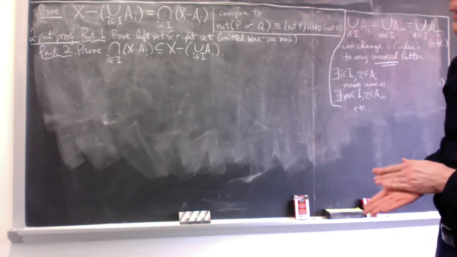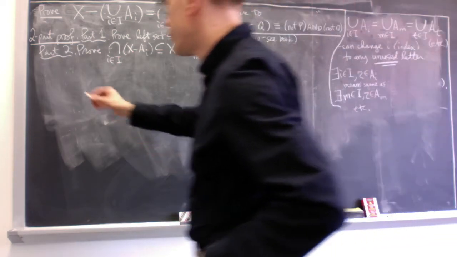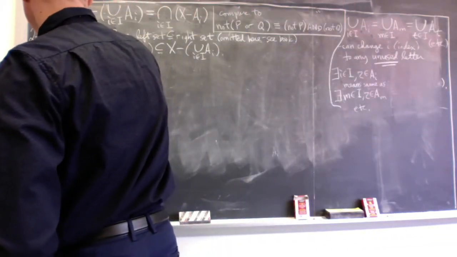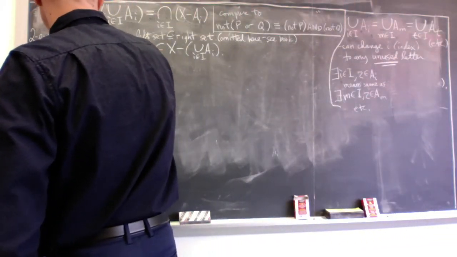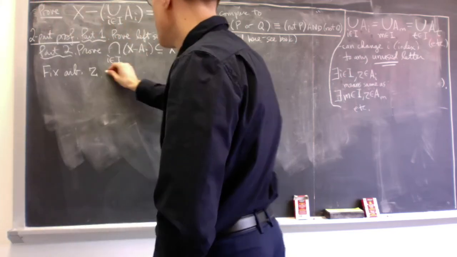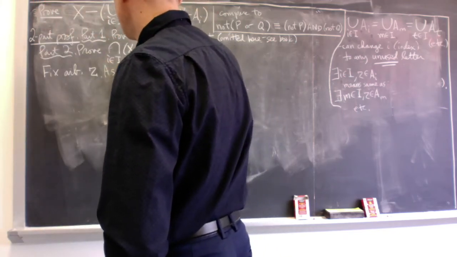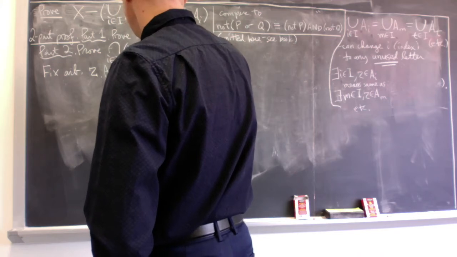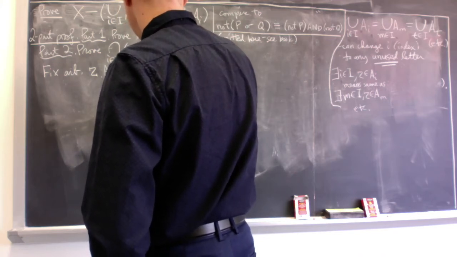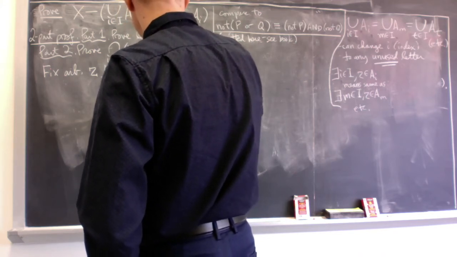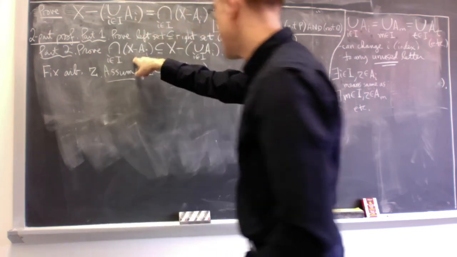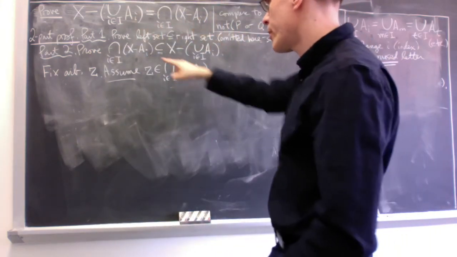Subset proof, right? And so we just launch into the subset proof template. Fix arbitrary, let's call it Z, whatever letter. Z seems good. Assume Z is in this left-hand set, whatever it may be, this whole long thing, I don't care, just write it down.